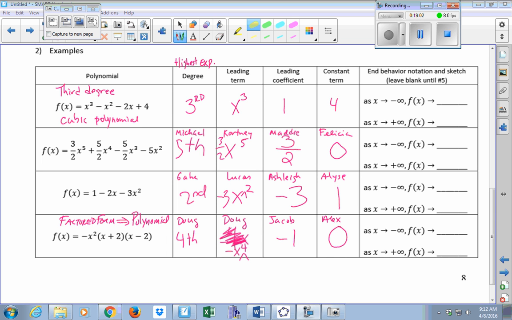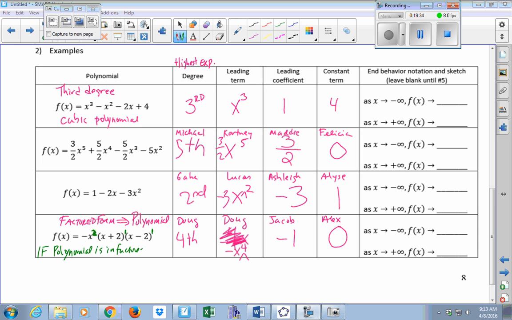However, in factored form, you can still come up with the degree of the polynomial because notice, this is the second degree. What would be the exponent on the factor x plus 2, even though it isn't there? 1.